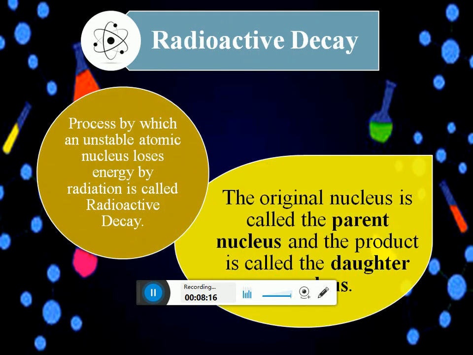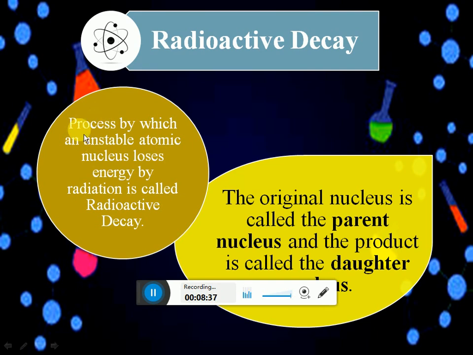What is radioactive decay? Certain types of atoms are radioactive, and at one point of time they will get their stability by losing energy. This phenomenon of losing energy is called radioactive decay.